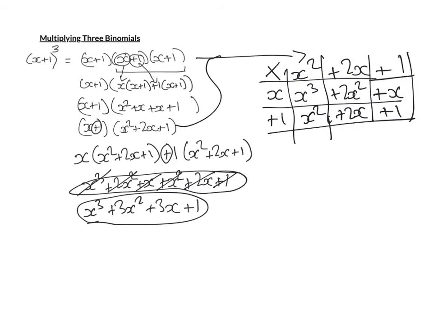Okay. Now, one of the advantages of this is that it lines up the terms diagonally. So it's very easy to see if you've made a mistake. So what I mean by that is there's only ever one cubed term, okay? One of the highest power. So that means here's our x cubed. But notice diagonally, there are the squared terms.